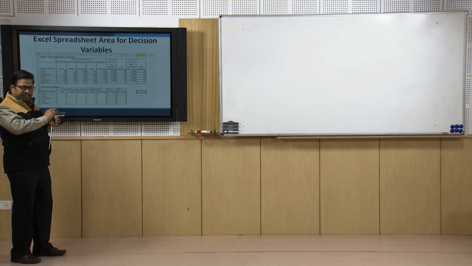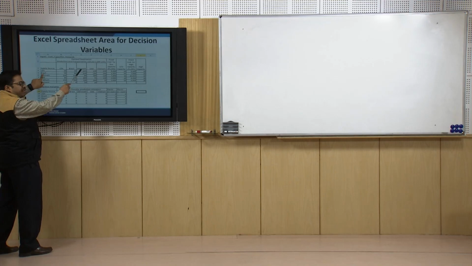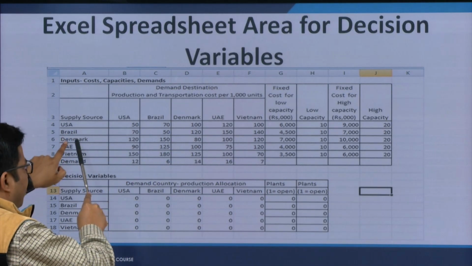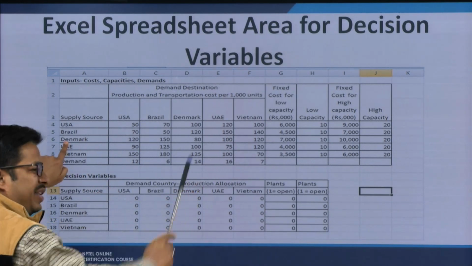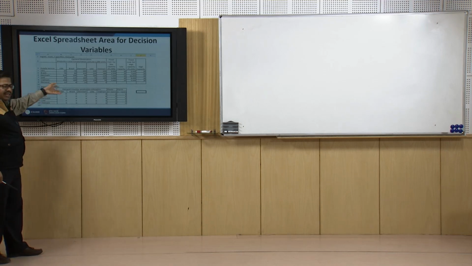We need to determine this combination also: from here how many units will be transported to Denmark, from Brazil how many to Denmark, from Denmark how many to Brazil, or how many to USA, or how many to Vietnam. Depending upon the capacity we have decided, whether we want a plant of 10 or a plant of 20, we will decide this allocation of capacities to different demand destinations.